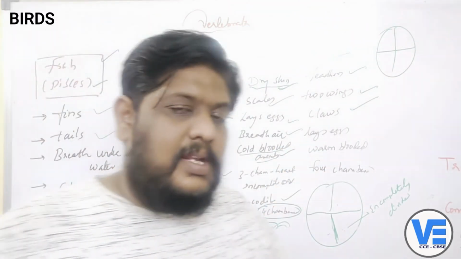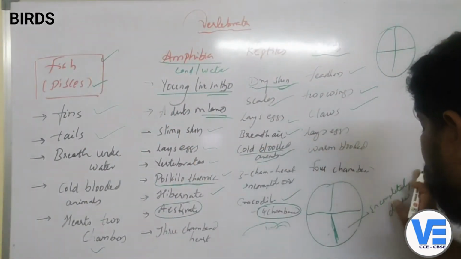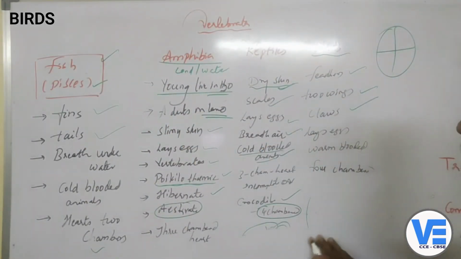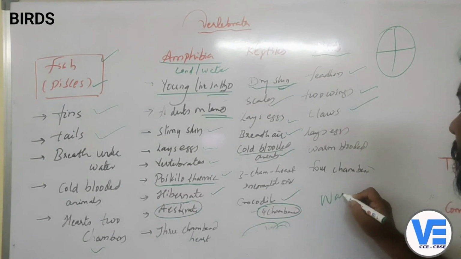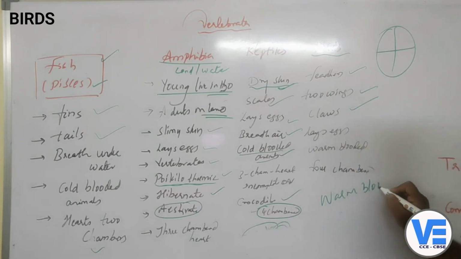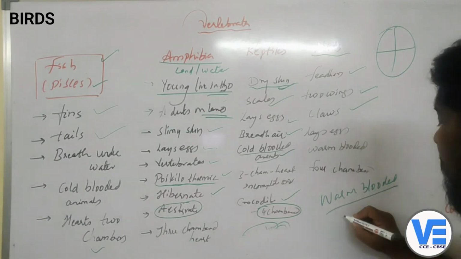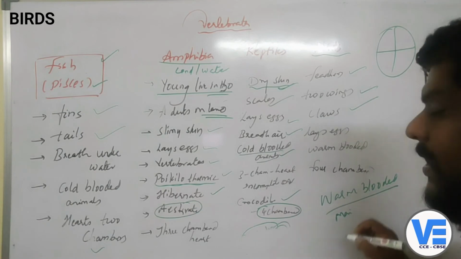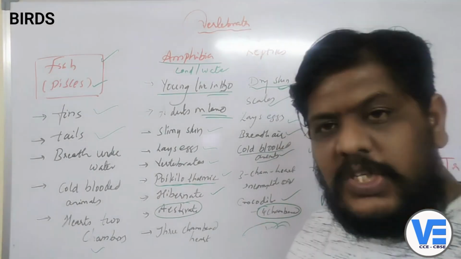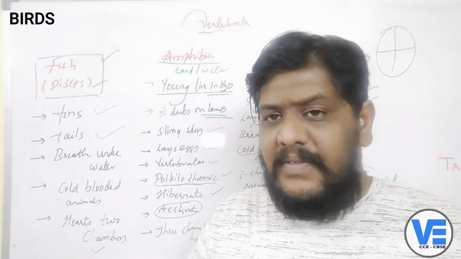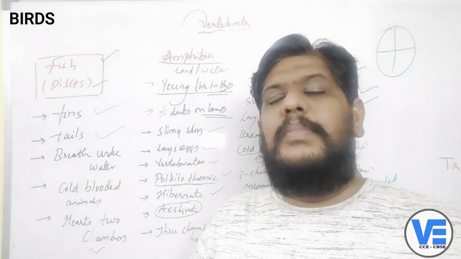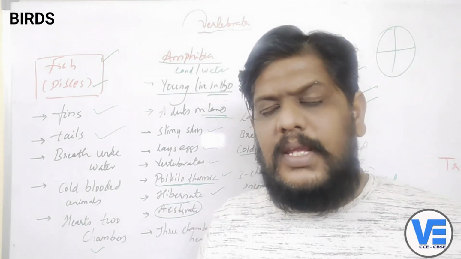Now a question arises: what are warm-blooded animals, right? Warm-blooded animals are those capable of maintaining their body temperature in whichever area they live. For example, if it is summer, they can maintain their body temperature according to the environment.